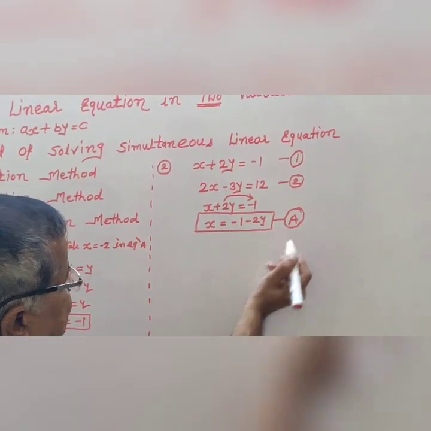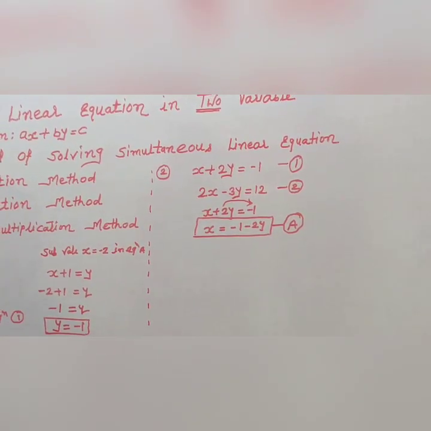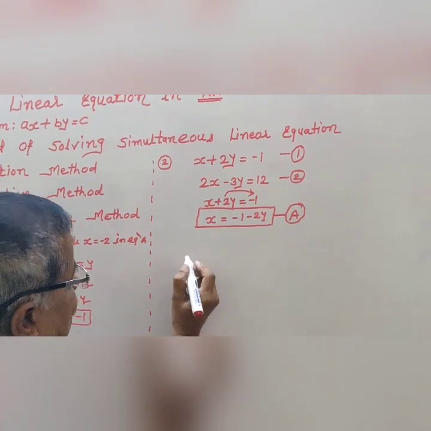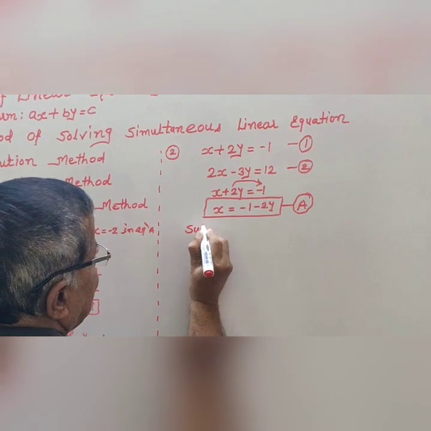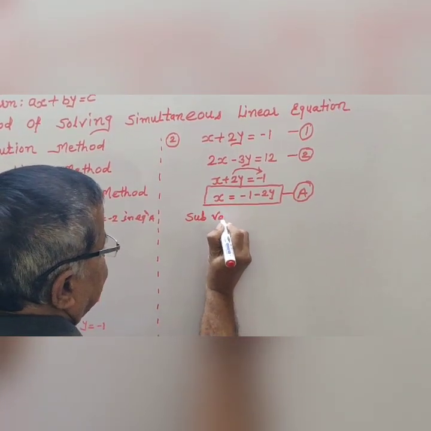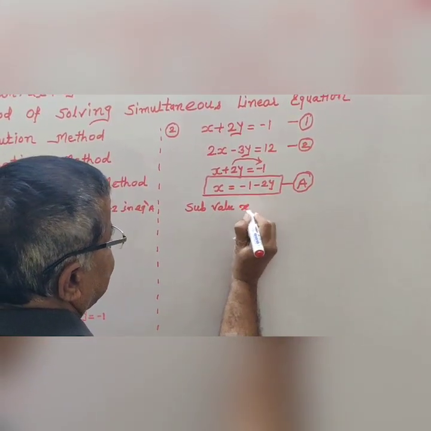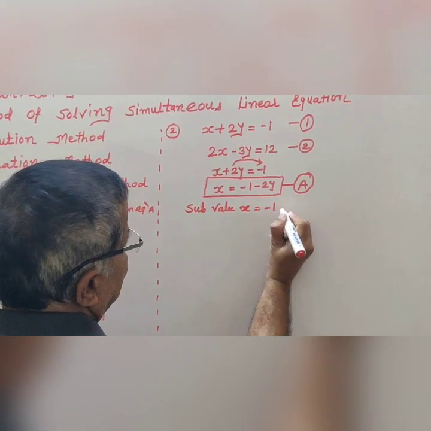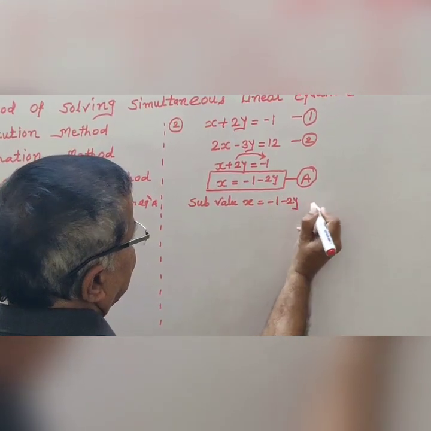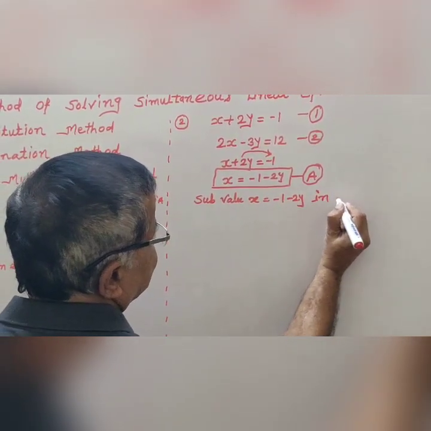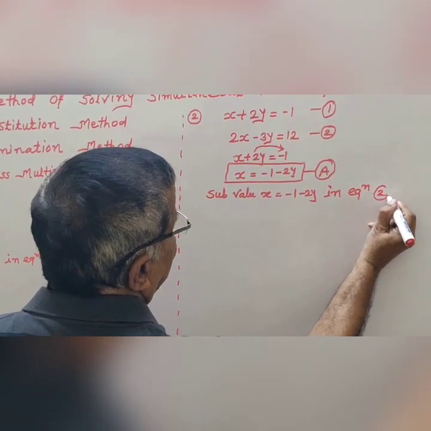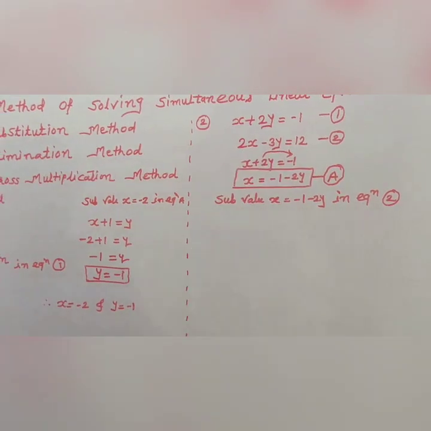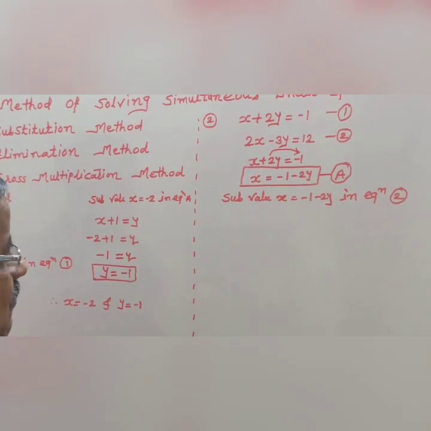So I assign this equation as a. I can substitute this value in equation 2, x is equal to minus 1 minus 2y, because I found the value of x from equation number 1.